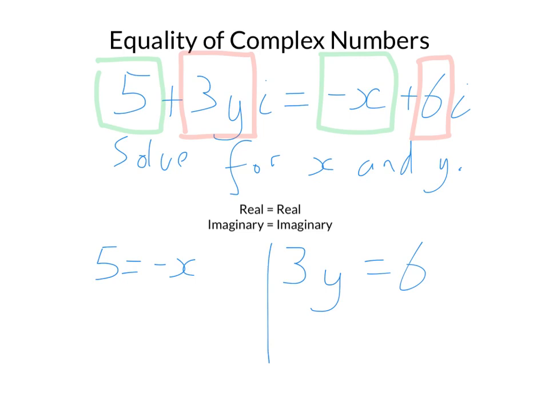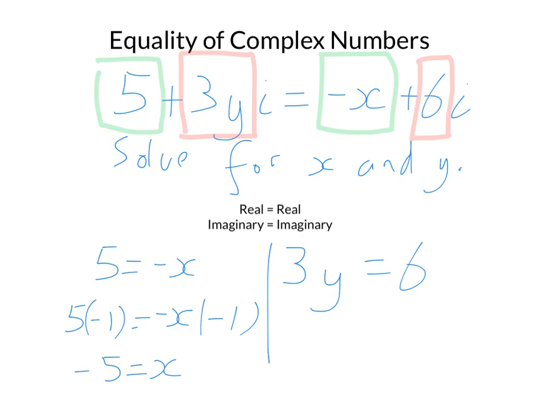So to solve 5 is equal to minus x, we can multiply each side by minus 1. This will give us minus 5 on the left hand side and plus x, or just x on the right hand side. Remembering that a minus times a minus cancels out to give us a plus.